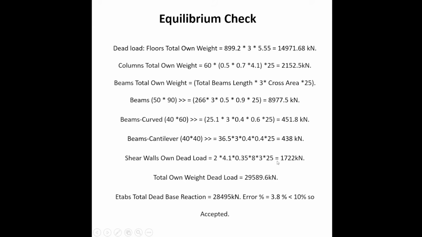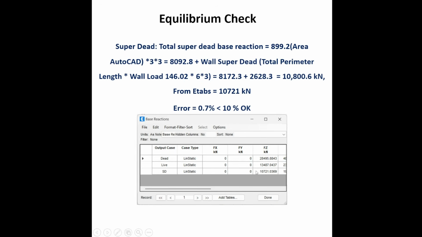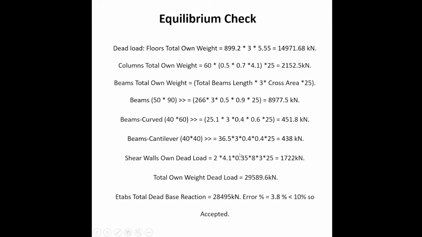And you can combine them together. You have this value, and from ETABS we have found it here to be 28,495 kilonewtons. So we can find the error. It is about 4%. So it is less than 10%. So it is accepted.